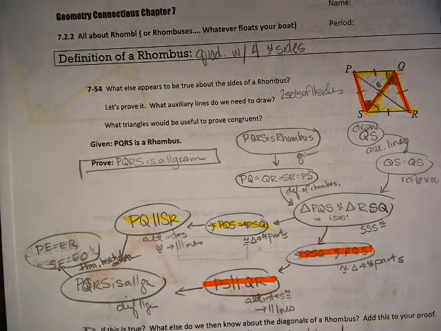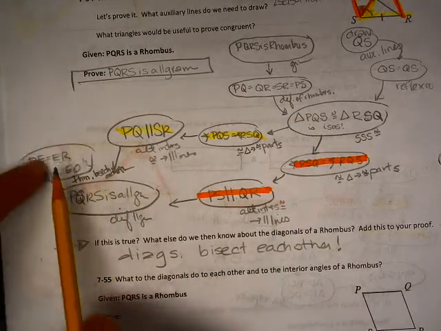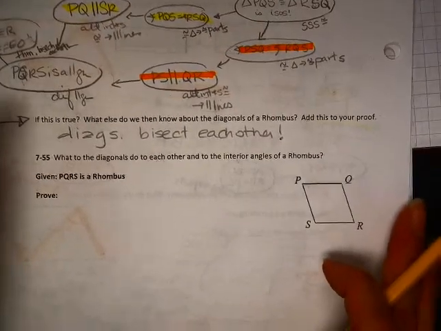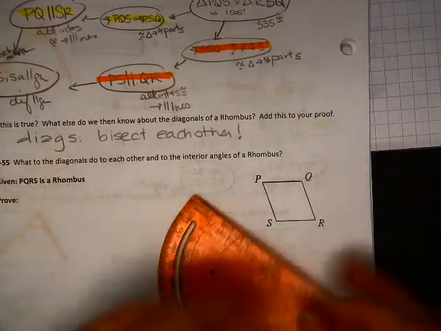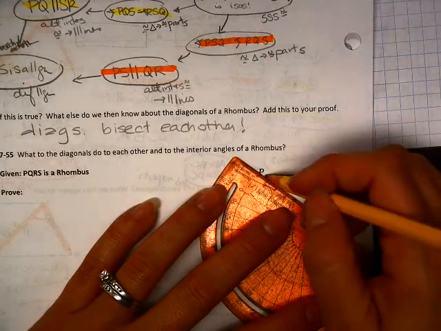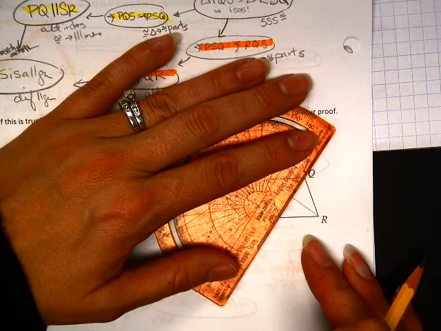Okay, so that is what we've got. Again, once we know it's a parallelogram, we can use one of the theorems that we already had. So now what we want to do is a different one. It says, what do the diagonals do to each other and to the interior angles of a rhombus? If I'm talking about what they do to each other, I really need both of them.